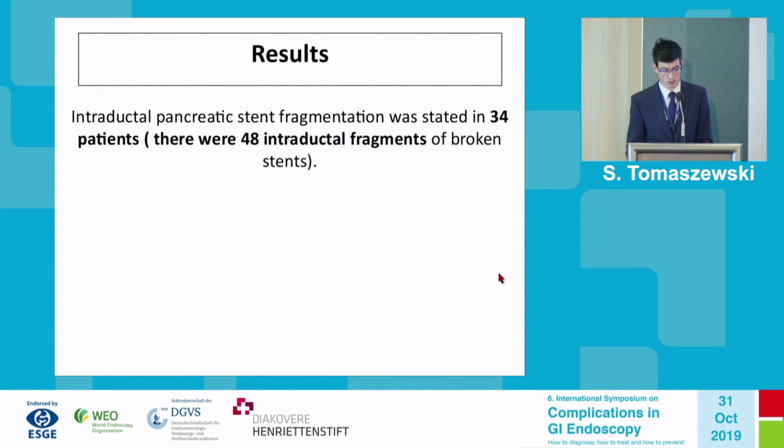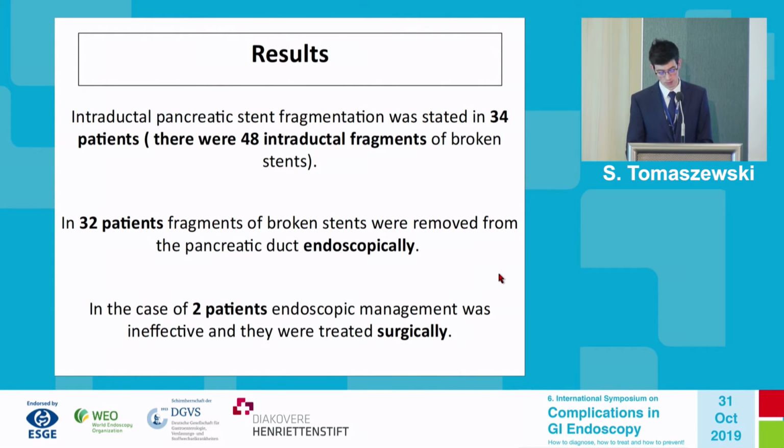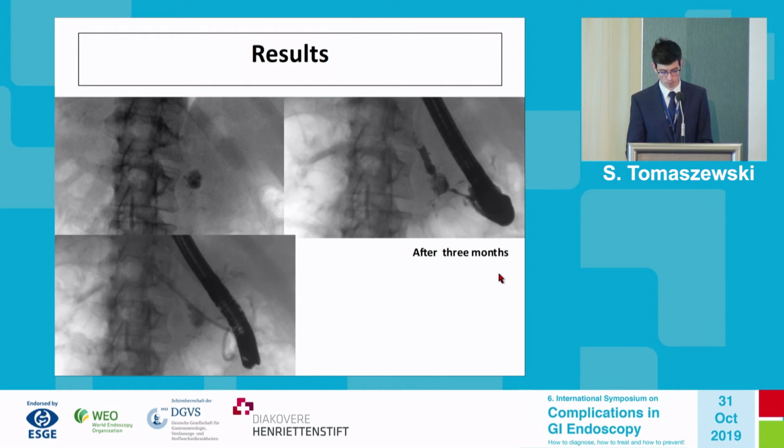In these 34 patients, there were 48 intraductal fragments of a broken stent. In 32 patients, the fragments of broken stents were removed from the pancreatic duct endoscopically. Only in 2 patients was endoscopic management ineffective, and we had to ask the surgeons for help.